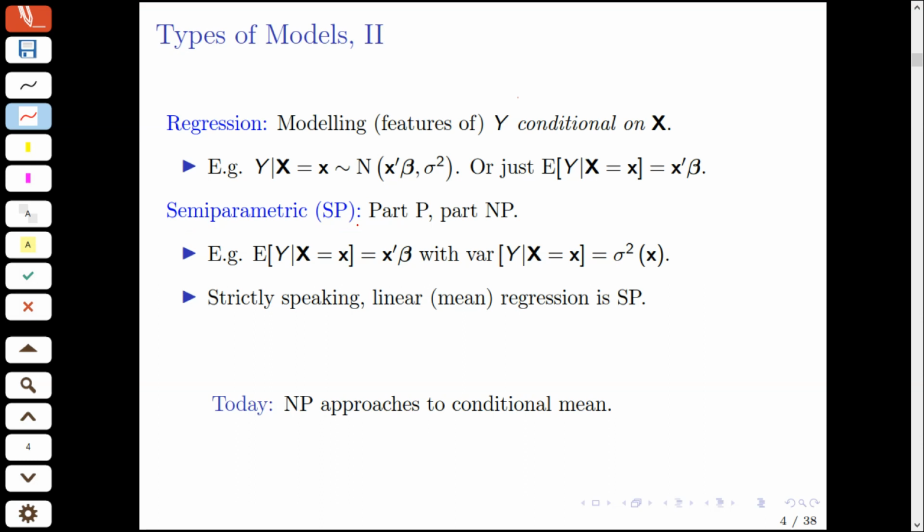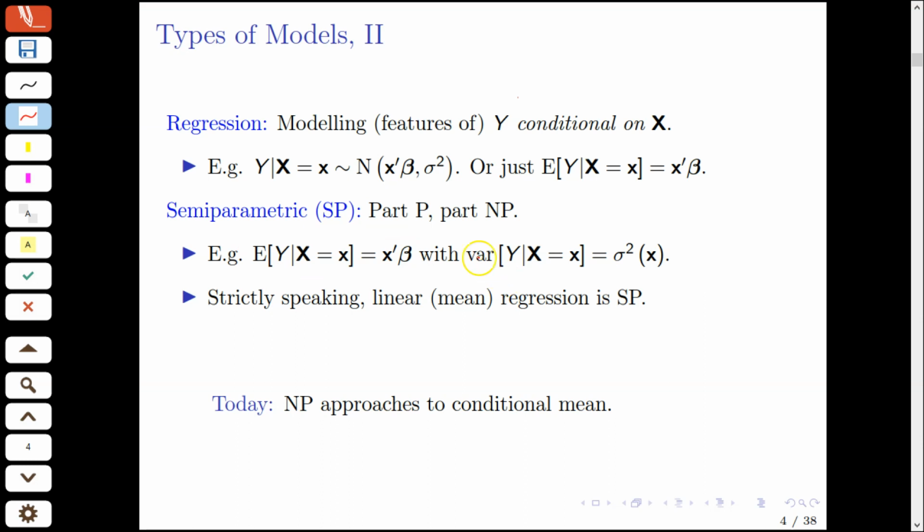Going back to our mean regression model, where we're formulating a linear model for the conditional mean of y given x. Since we are only formulating a parametric model for the mean, that is one feature of the conditional distribution of y given x, the model is semi-parametric.